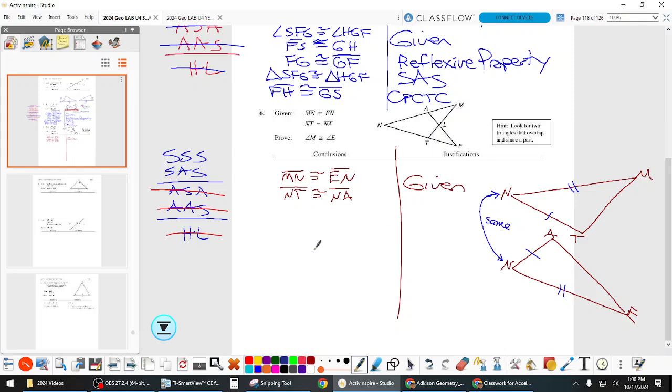But wait a minute, it's the same angle. So doesn't it have to be congruent? Yeah. And by what property? Like, why is it congruent to itself? Yeah, it's reflexive, and we can use reflexive property with angles.